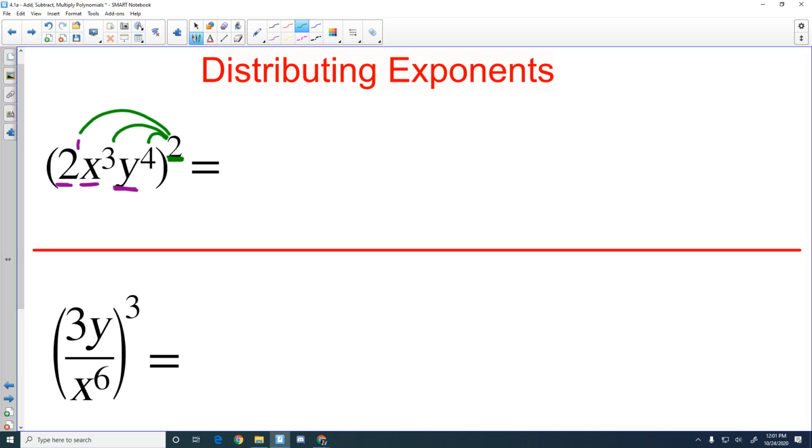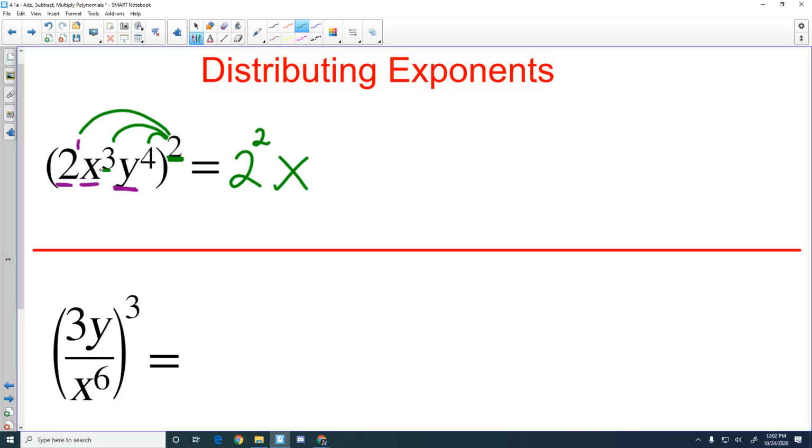Now make sure you're only multiplying the exponents together. Don't multiply that 2 times the base itself. So these 3 different bases inside the parentheses, the 2, the x, and the y: it's going to be 2 to the, well, it did have a 1 for an exponent, and when we distribute, we multiply, so 1 times 2 is 2.